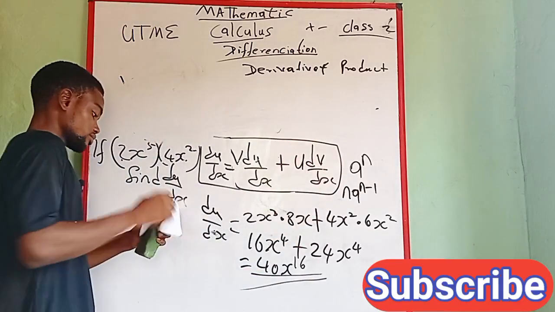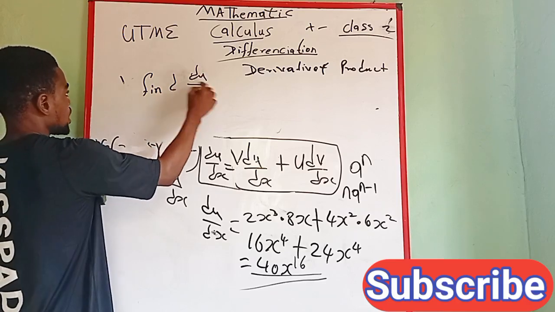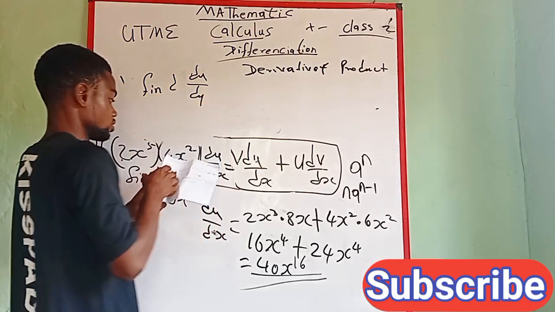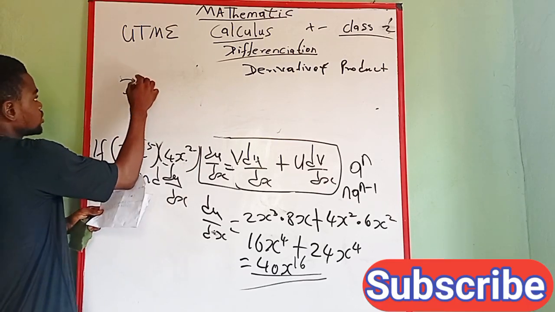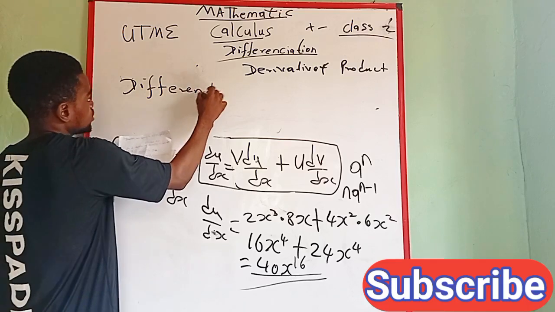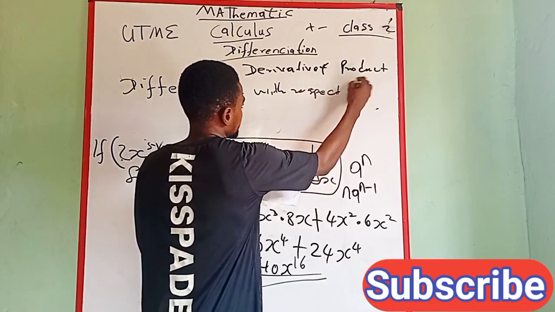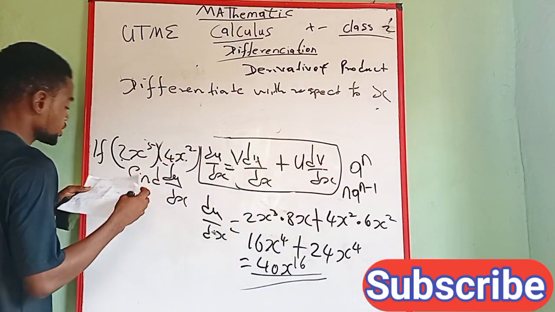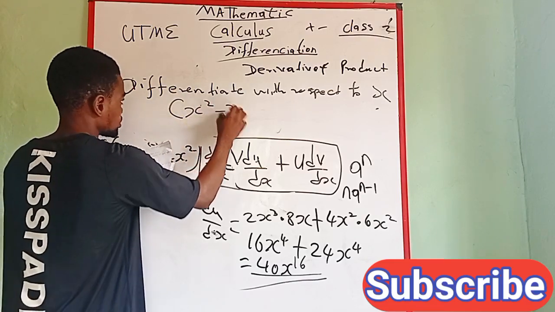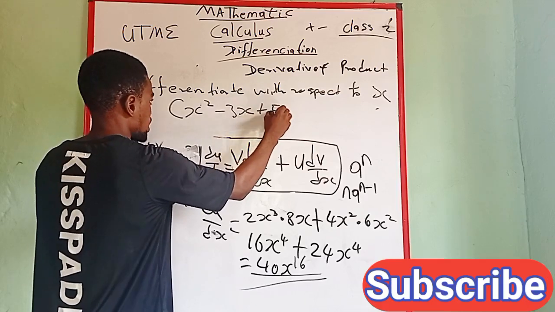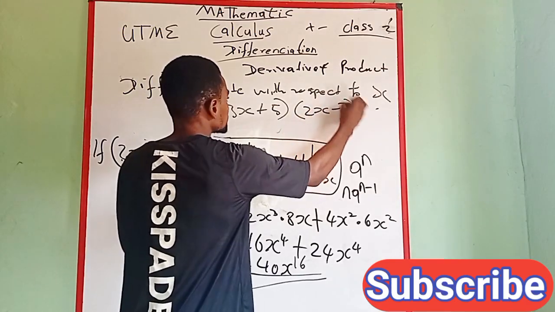The first one says, differentiate with respect to s, bracket x squared minus 3x plus 5, close bracket, and open bracket, 2x minus 7.